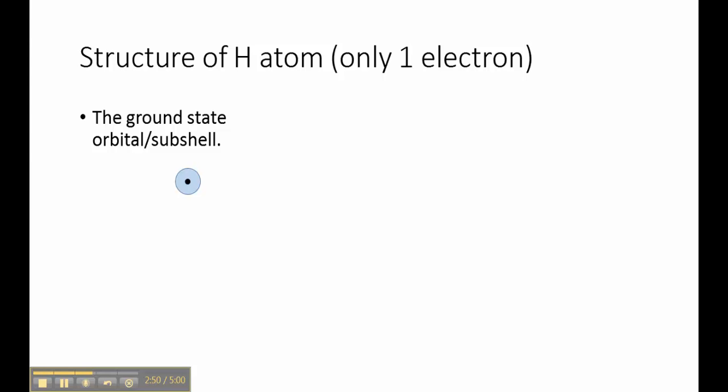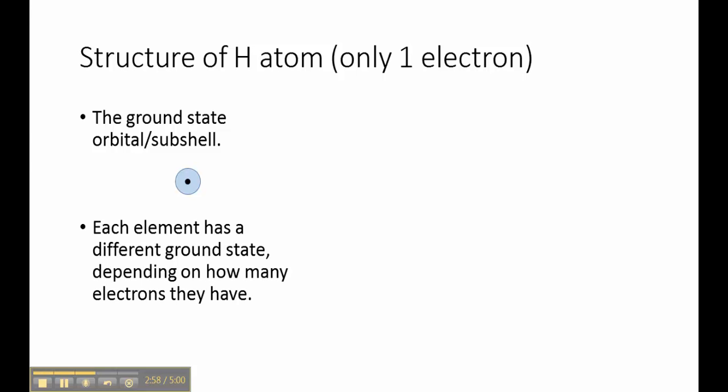Hydrogen has only one electron in the 1s orbital, so its electron configuration is 1s1. As we move through the periodic table and look at the ground state image for each element, the ground state will depend on how many electrons each element has.